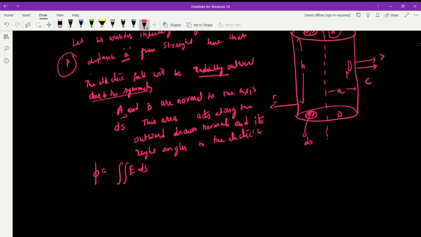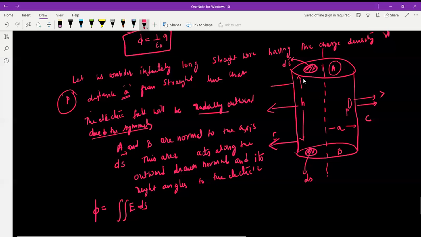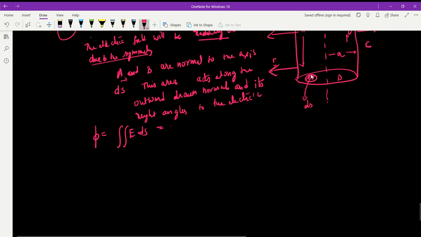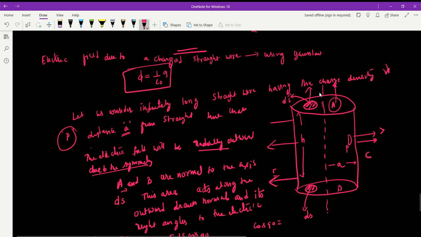The electric field acts radially outwards, so it is E ds cos 90, because it is 90 degrees. We know that cos 90 is equal to 0. The flux will be at right angles in the radially outward direction, normal to face A. So the flux will be 0 in this direction.